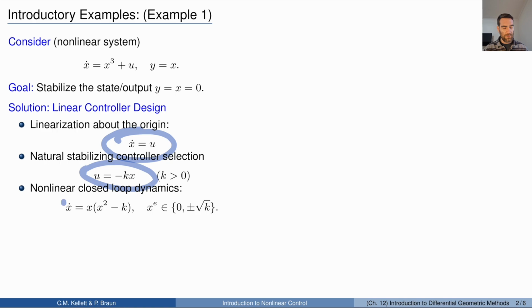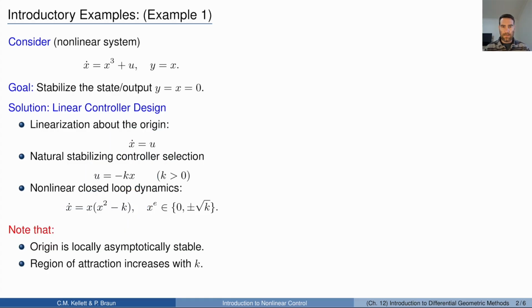We plug that into our system and we can analyze the closed loop dynamics. Here in this case, the nonlinear closed loop dynamics, where we can calculate the equilibria of the closed loop dynamics and then verify asymptotic stability properties.